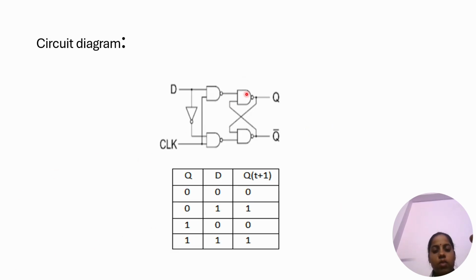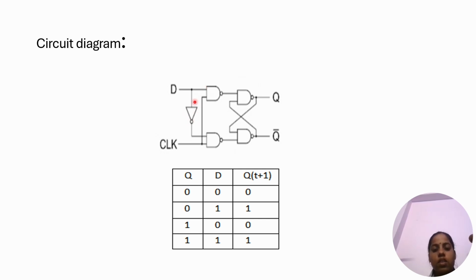Next, the circuit diagram of the D flip-flop. Data or delay means the data present at the input appears at the output.